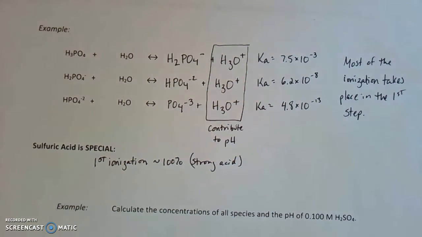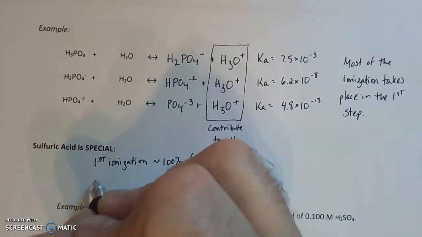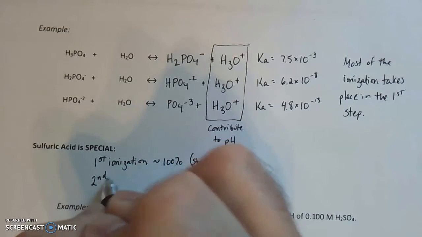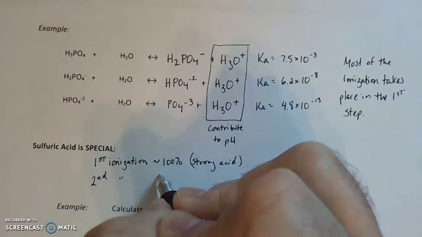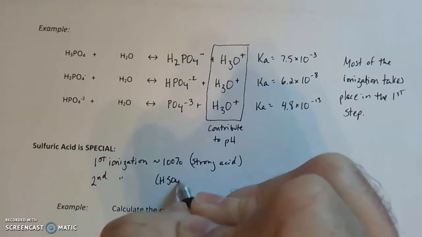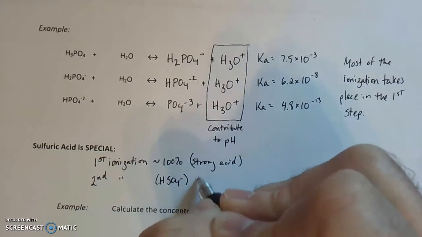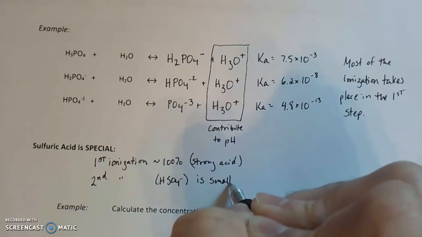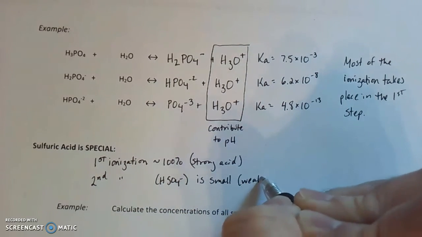So it's labeled a strong acid. But the second ionization, which is HSO4 minus, is small, which means that it is a weak acid.